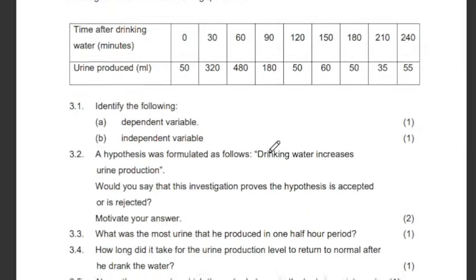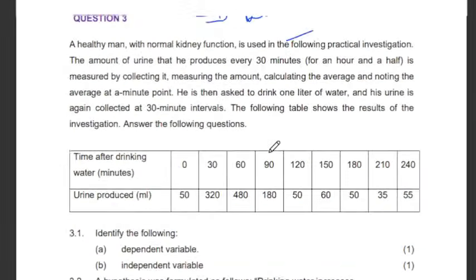So here you have a question about the independent variable and the dependent variable. A healthy man with normal kidney function is used in the following practical investigation.